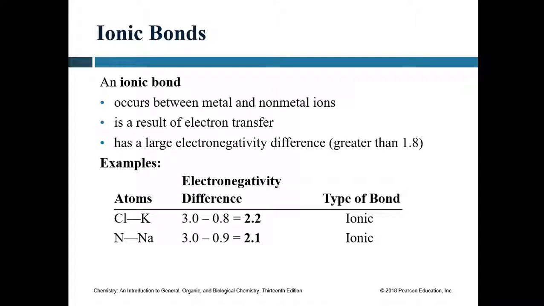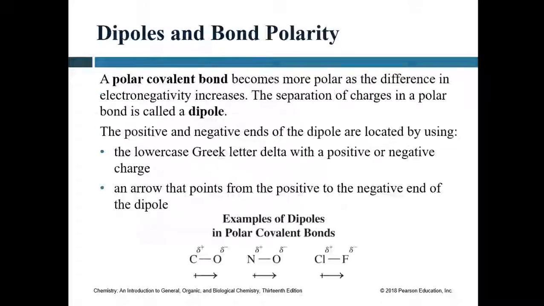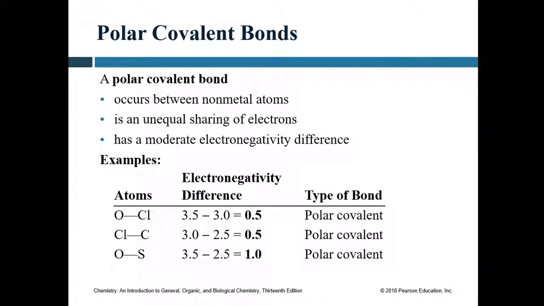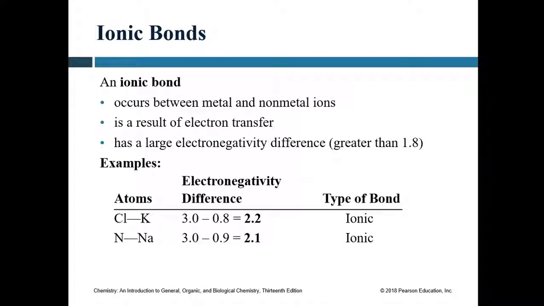And so just a second ago I said that if the difference is 0.5 or greater, it's polar covalent. Well, there gets to a point where, by using the electronegative table, it's so polar covalent that it then turns to be ionic.